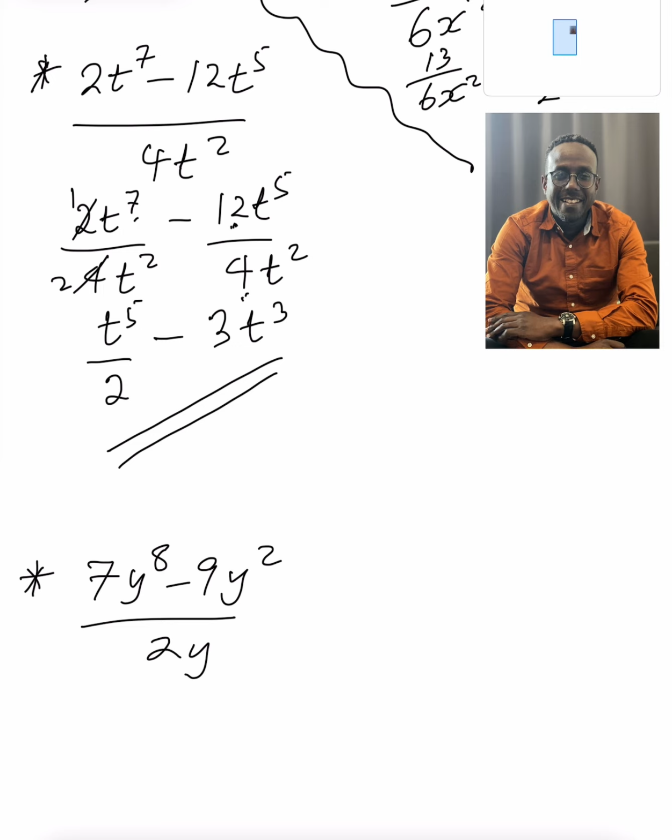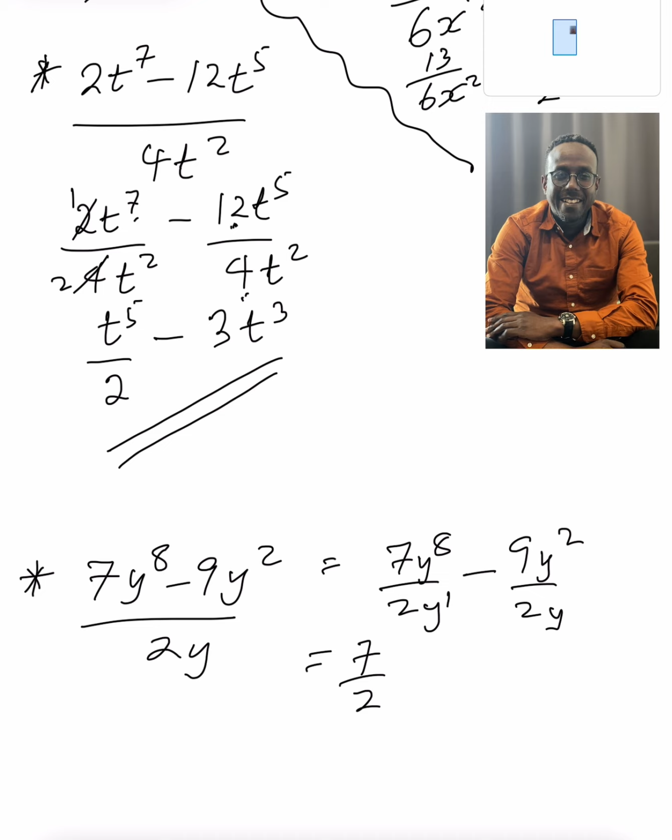Now the next one here, I'm still going to split them. I'm going to say 7y to the power of 8 divided by 2y, minus 9y squared divided by 2y. Now this will remain 7 over 2. It can't be simplified any further. And then remember, there's always an invisible 1 there.